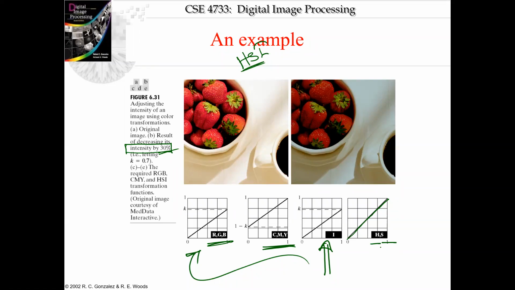Saturation. Do you want to change the saturation of the color? No, sir. So we have only impacted the intensity part. That's why we have used two transformation functions here, two T's. One transformation function was applicable only to the intensity channel, and the other transformation function was used on both H and S. Clear? Yes, sir. Okay.